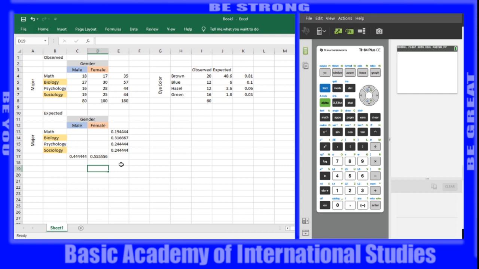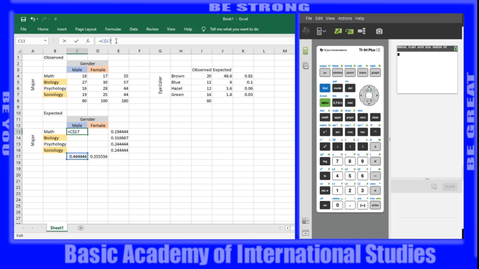I say almost because the interior of these is going to be made by multiplying the column and row that they're associated with times the number of people, which in this case is 180. This shouldn't be a difficult task. All I have to do is tell it to take the probability that they're in this column, and I'll tell it never to change this.